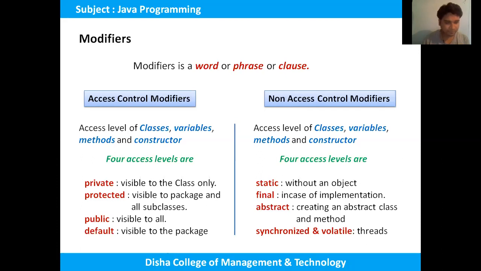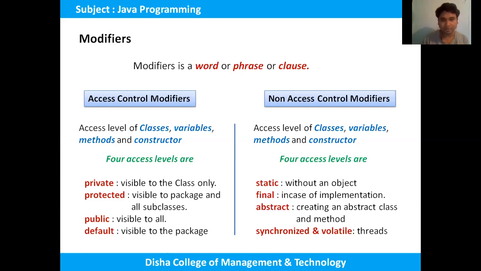The next one is abstract. The abstract modifier is used for creating abstract classes and methods. So this is also related to data abstraction and data hiding. Then the last ones are synchronized and volatile.